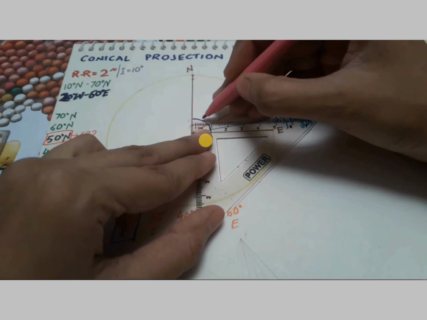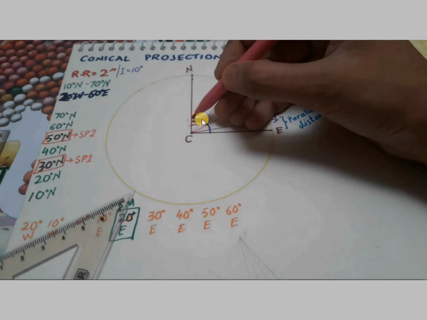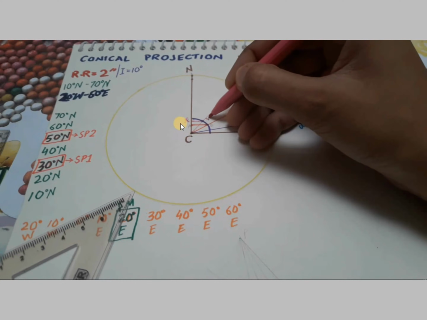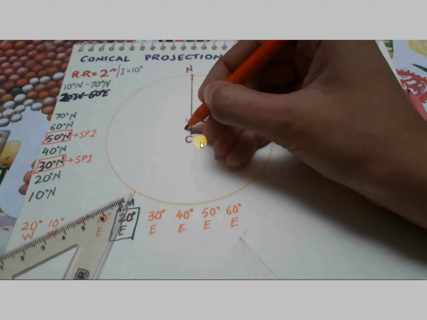And then we will draw another line where CN will touch the quadrant along standard parallel 2, this one. So we will name the top one as X and Y, the standard parallel 2 meeting point, and the CN.